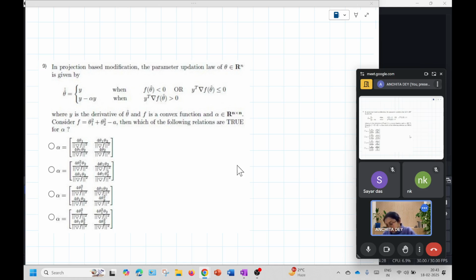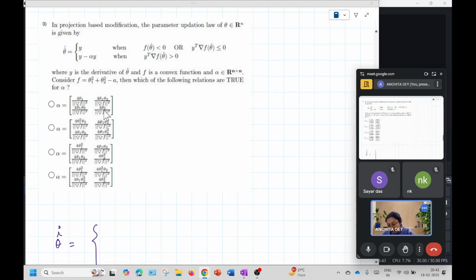So what does the question say? In projection-based modification, the parameter updation law of theta, which is unknown, is given by theta hat dot equal to y when f of theta hat is less than 0 or y transpose grad of f of theta hat is less than equal to 0, right?